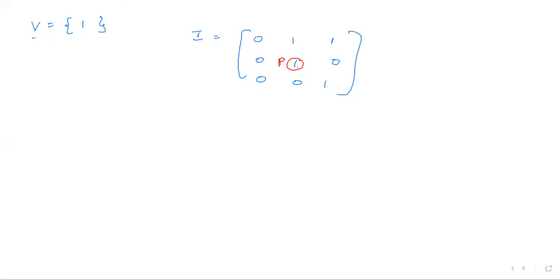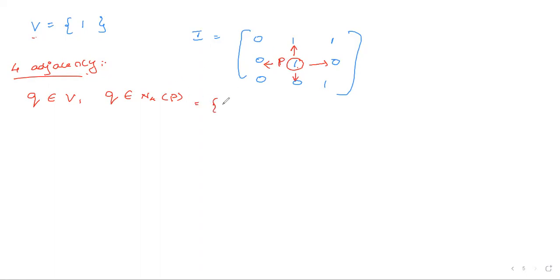Now I am finding 4 adjacency. What is the definition of 4 adjacency? 4 adjacency means Q belongs to V as well as Q belongs to N4 of P. Now let us check the horizontal and vertical pixels, because N4 of P means horizontal and vertical pixels.